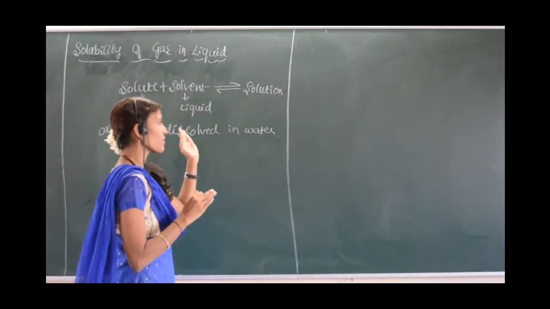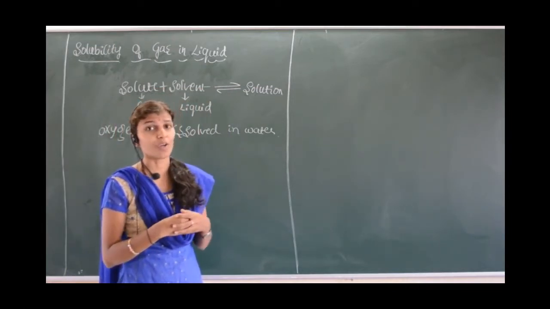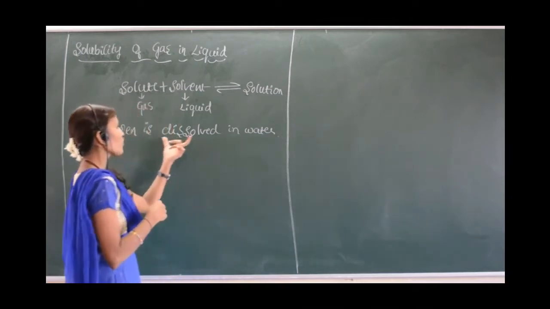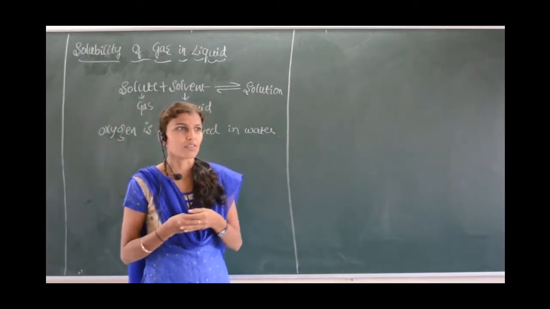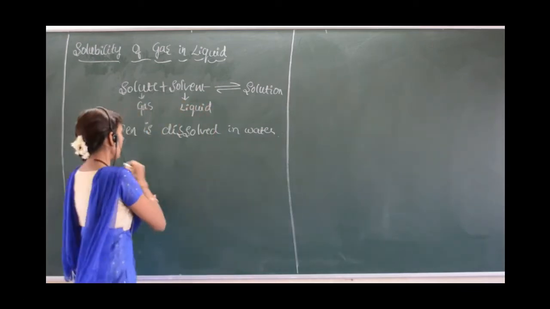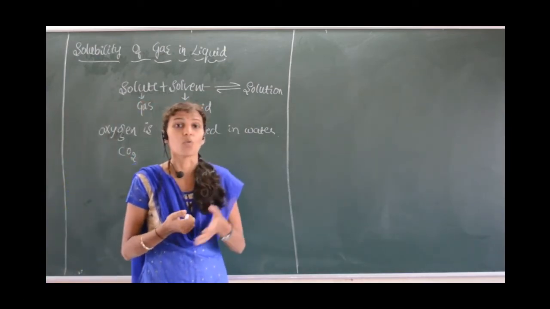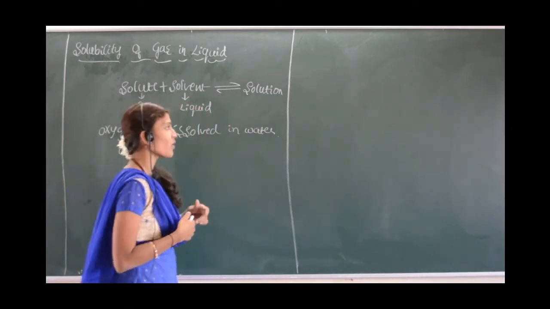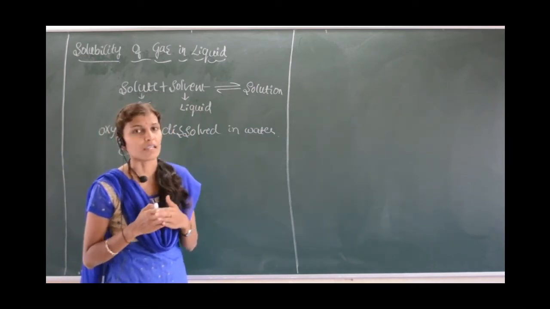Example, oxygen is dissolved in water. That is why aquatic life is surviving. And even in soft drinks or soda water, CO2 gas is dissolved in the water. These are examples where the gas is dissolved in the liquid.